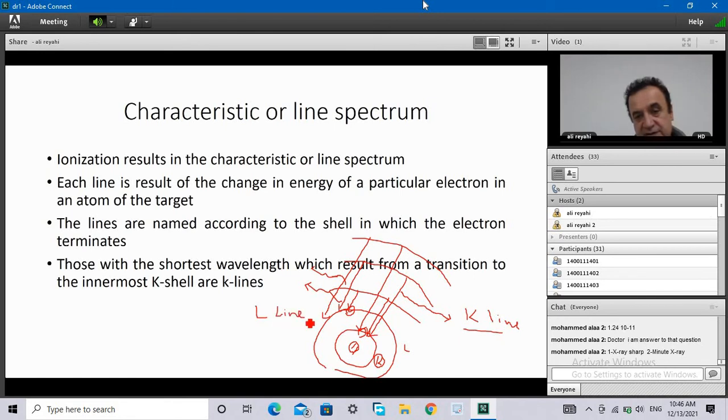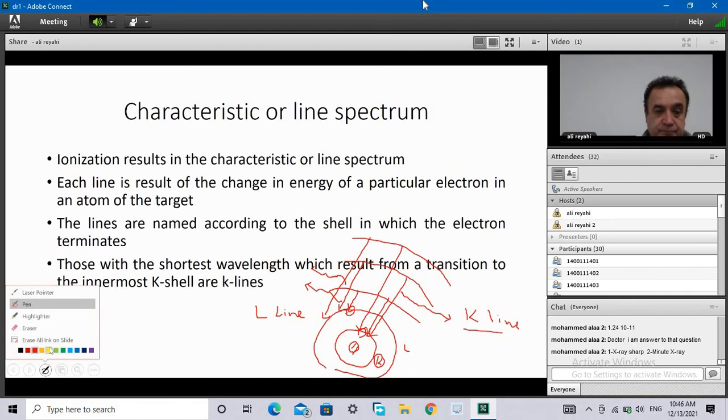Okay, it is very simple. Those with the shortest wavelengths, which result from a transition to the innermost K shell, are K lines.